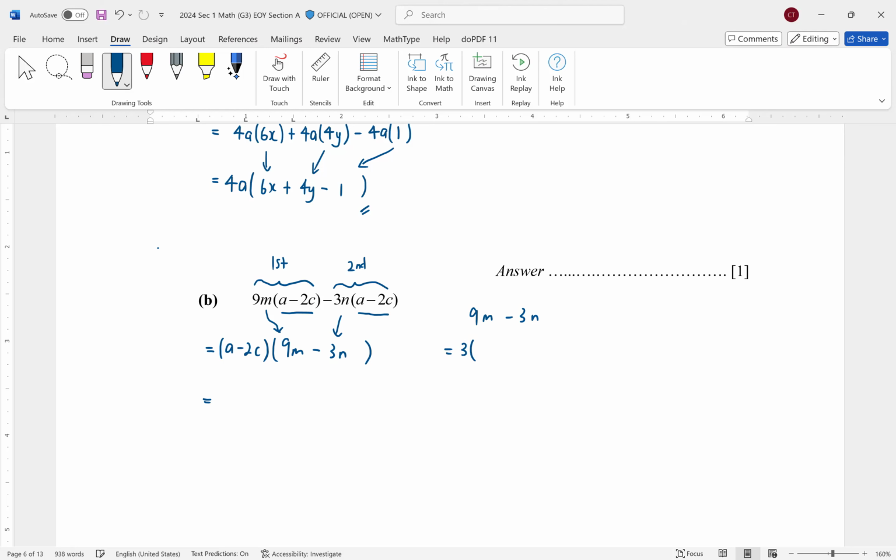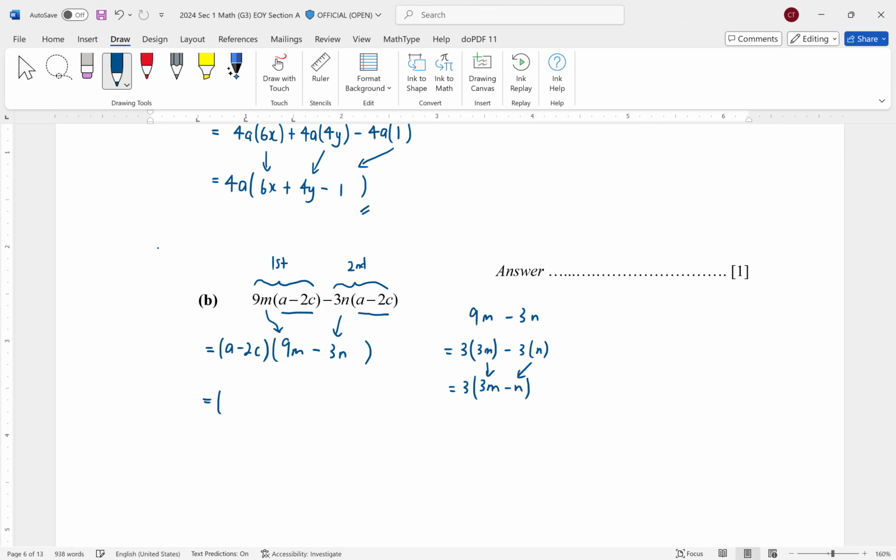So you ask yourself the same question. What times 3 will give me 9m? So 3m. I take out the 3, then n here. Then this 3 we can put in front, and we get 3m minus n. Same thing: take the common term, put in front, whatever is left goes inside the big bracket.